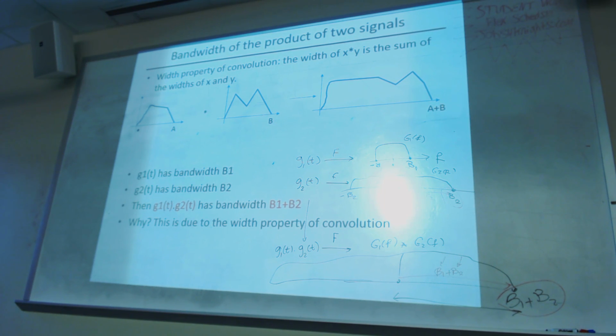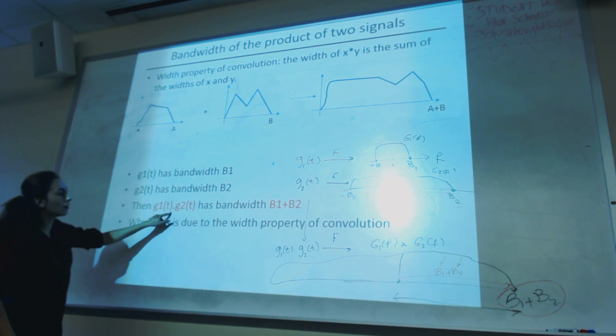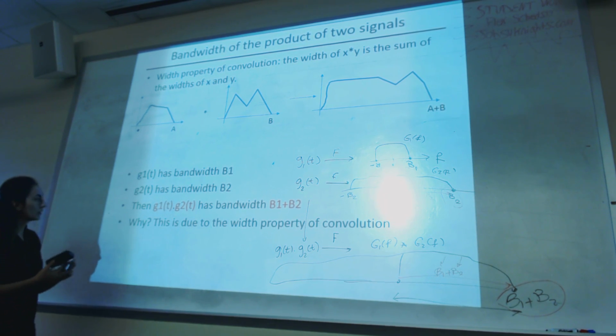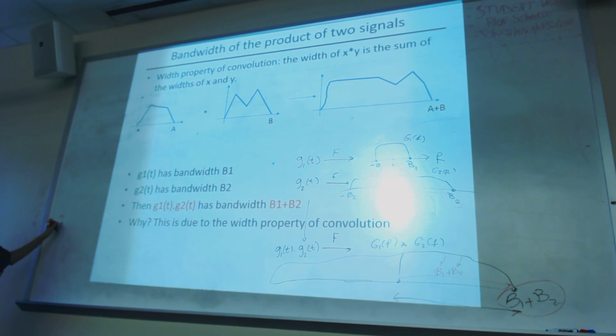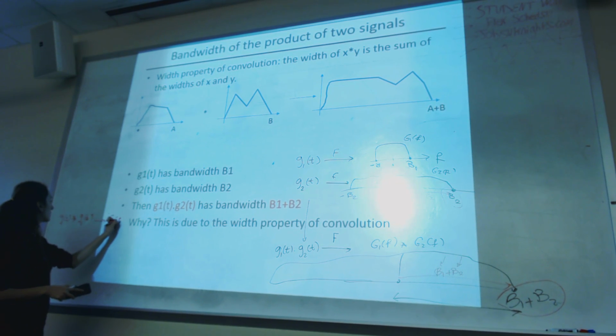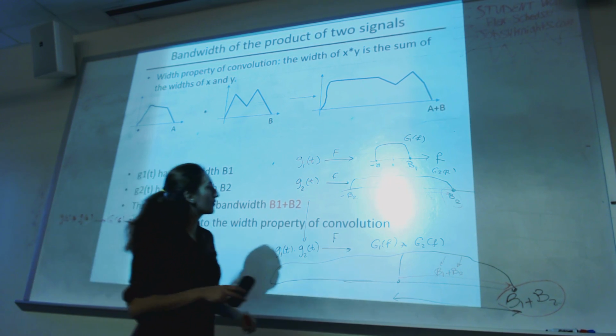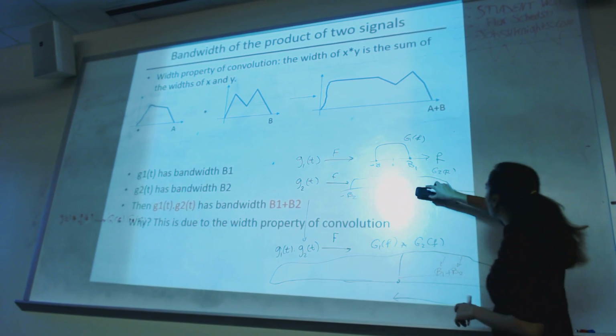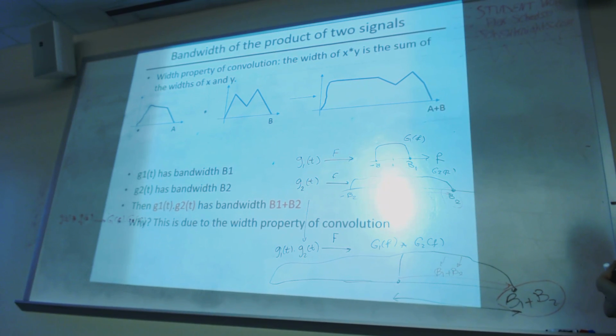So what do you think will happen if, instead of multiplication in time, I convolve them? If I have G1(t) convolved with G2(t), which corresponds to multiplication in frequency, if I multiply these two, what will be the bandwidth? The smallest, B1.